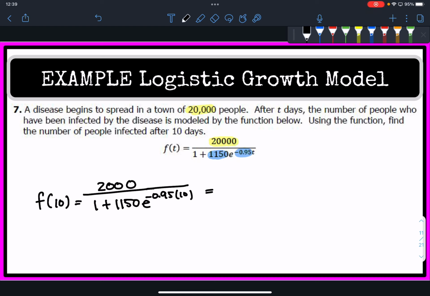So dividing this out, we end up with 18,414.8, which we'll estimate to 18,415. So 18,415 people would be infected by this disease after 10 days according to this model. So there you have your answer.